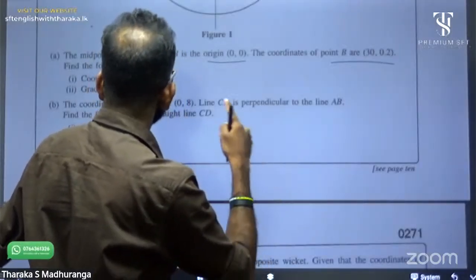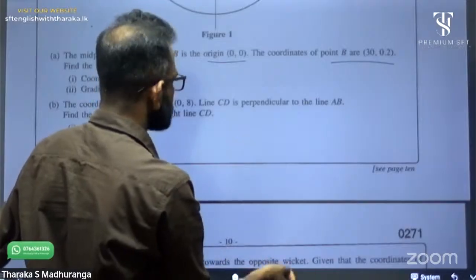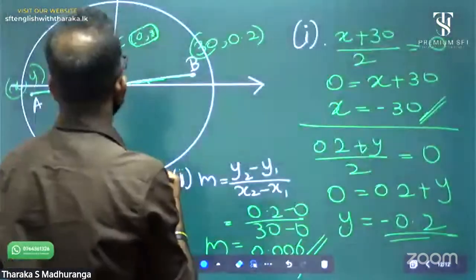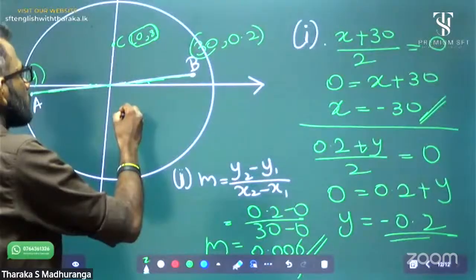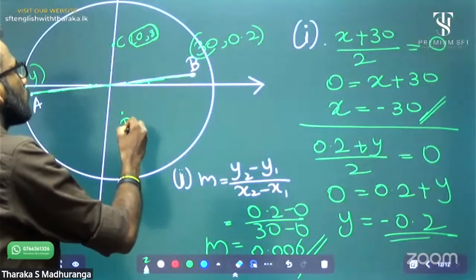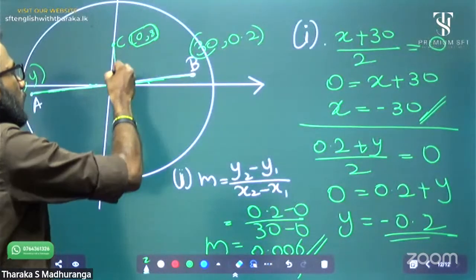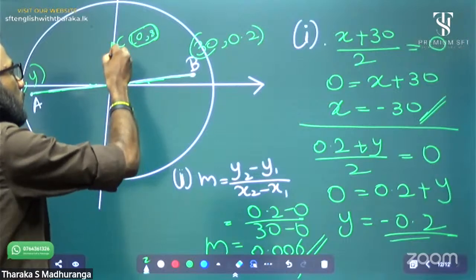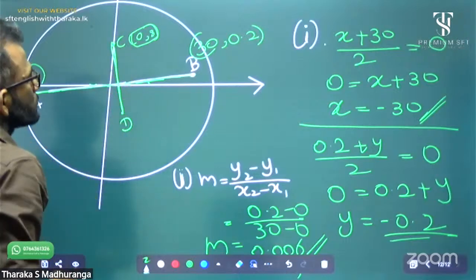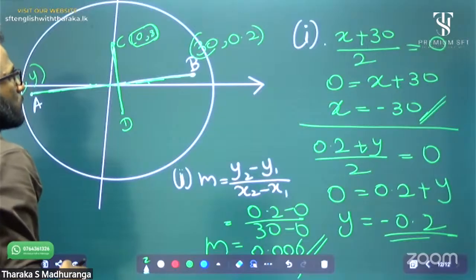Find the gradient of the straight line. Now I think this is D, but I don't know exactly the shape. Sorry, CD.